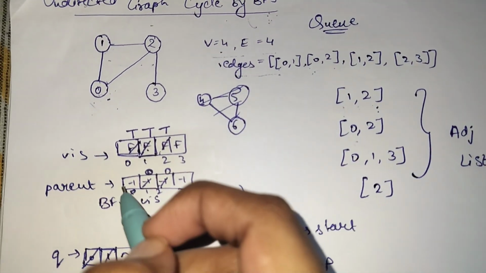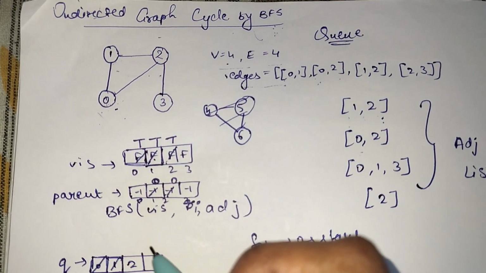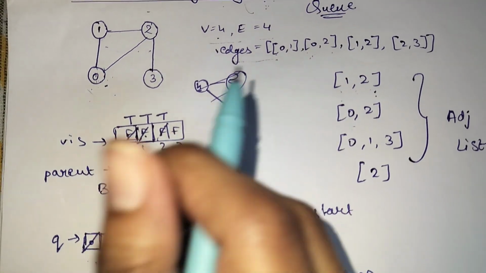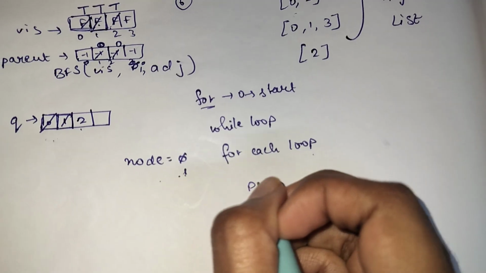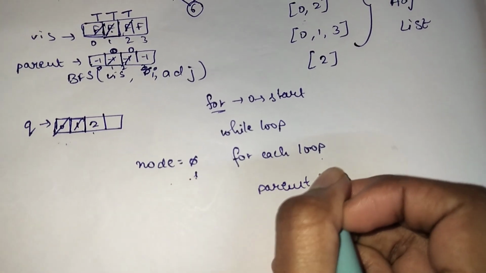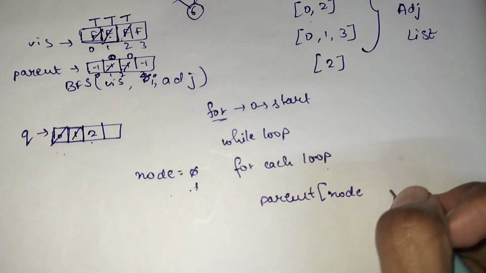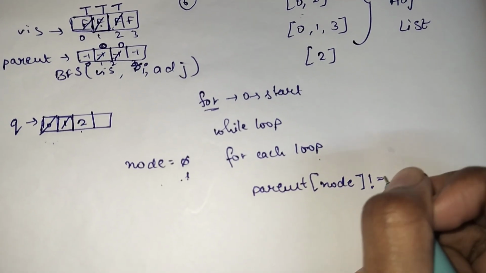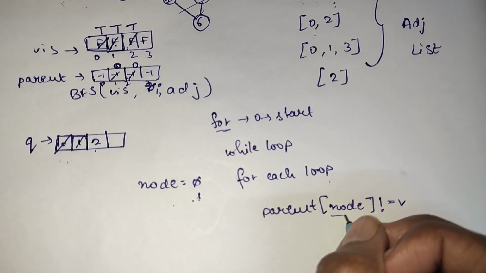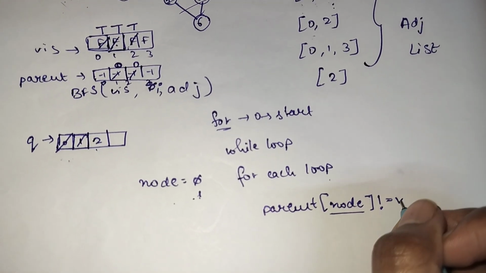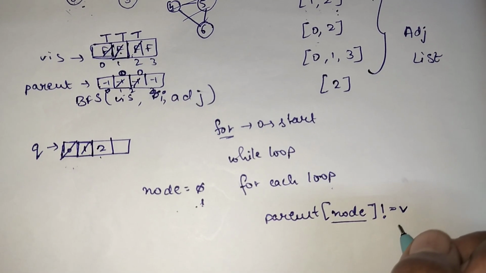Has 0 been visited? Yes, 0 has been visited. So if it is already visited, we are going to add one more condition: whether parent of node is not equal to v. Now I'll tell you, if this is not equal to v, that means it is going to be a cycle.